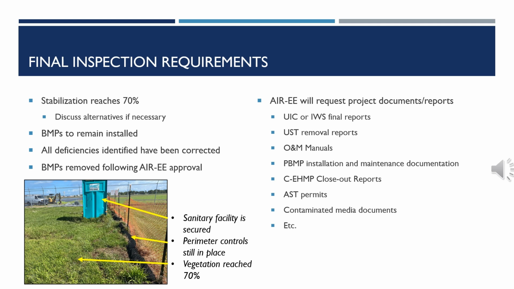AIR EE will request any necessary documents and reports, such as but not limited to UIC or IWS final reports, UST removal reports, O&M manuals, PBMP installation and maintenance documentation, CEHMP closeout reports, AST permits, contaminated media documents, etc.